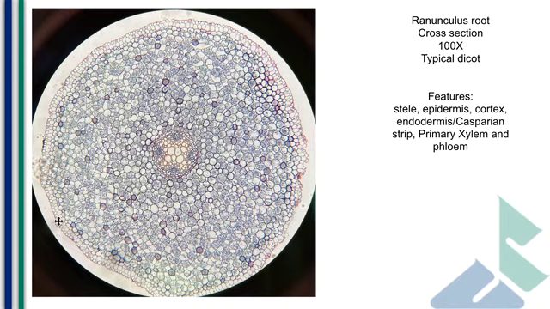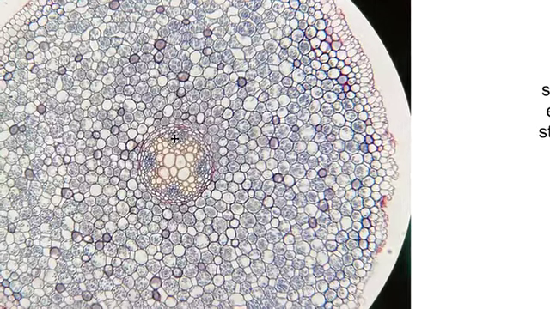You'll notice that it is a very distinct color compared to all of the fleshy cortex, the parenchymal cortex, allowing you to differentiate between what is epidermis and what is cortex. And then let's take a closer look to see if we can identify the cell layer in particular that is our endodermis.